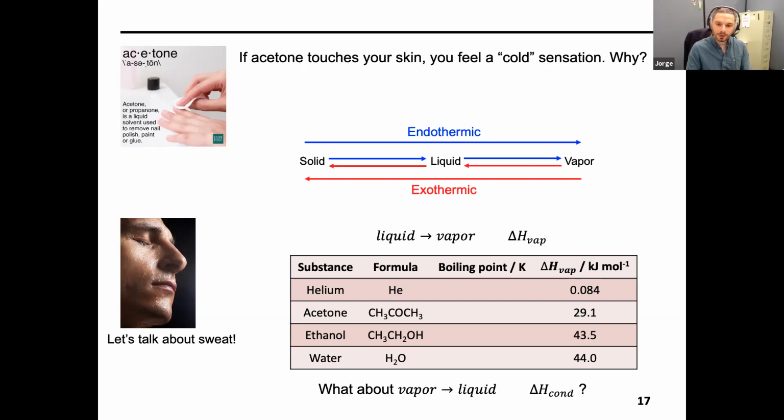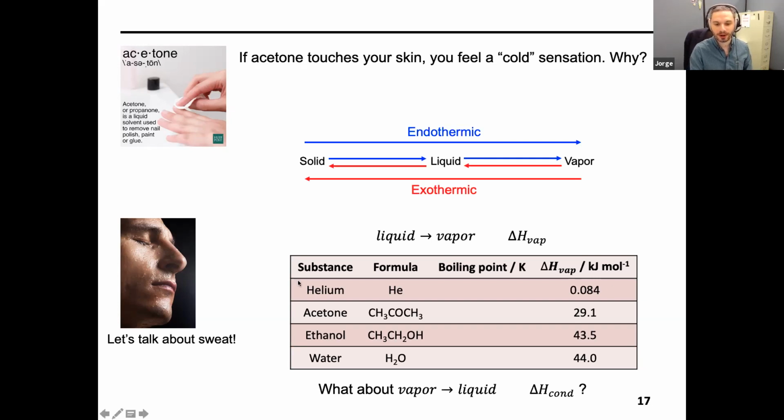We can also correlate the value of the delta H of the physical transformation with boiling point or melting point, for example. The lower the amount of energy needed for the transformation, the lower the boiling point or melting point.